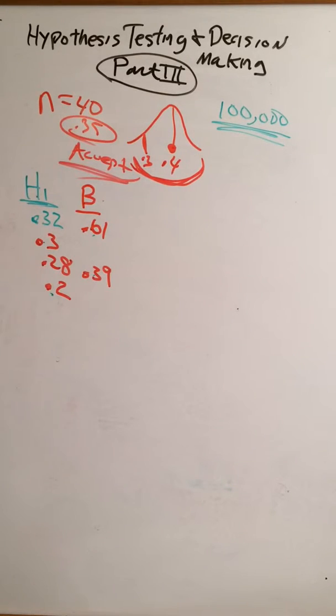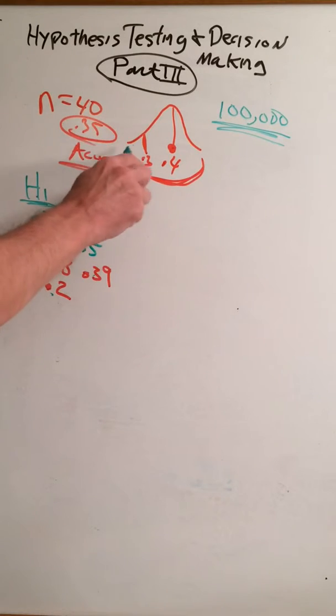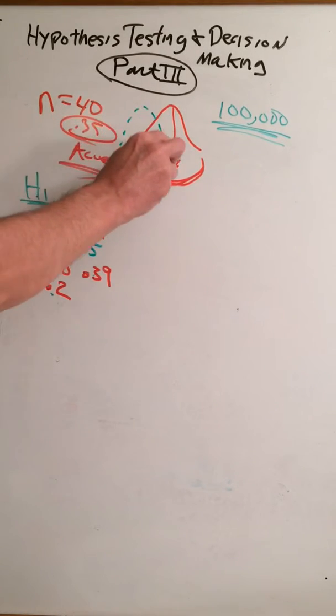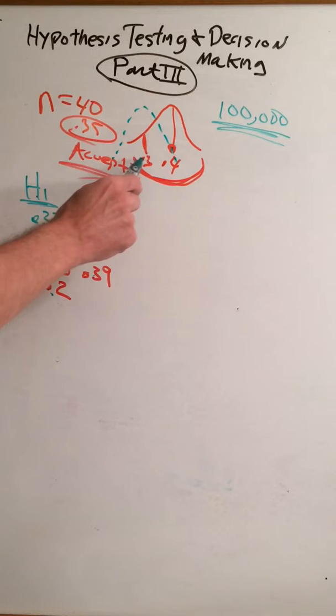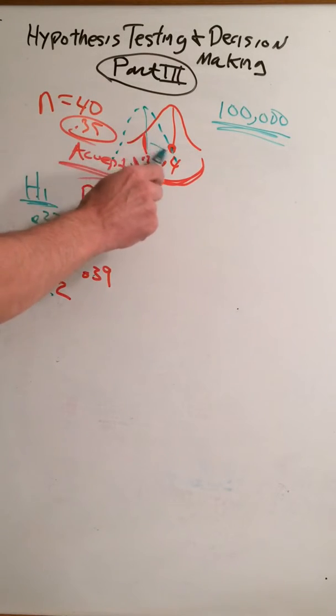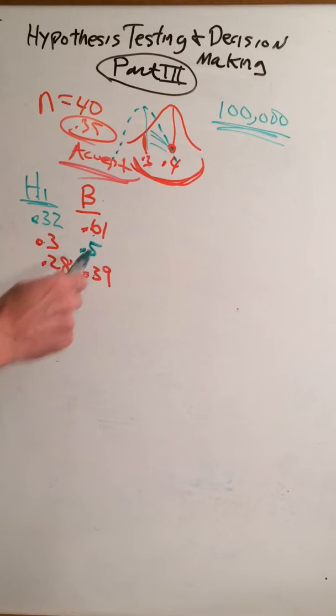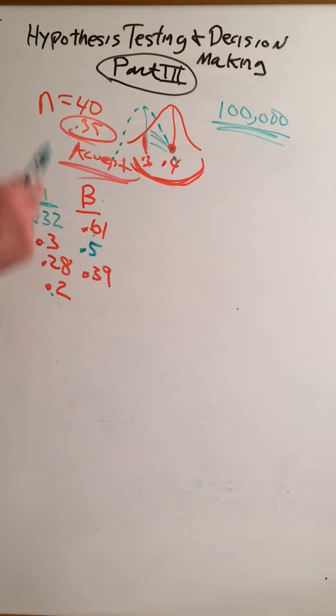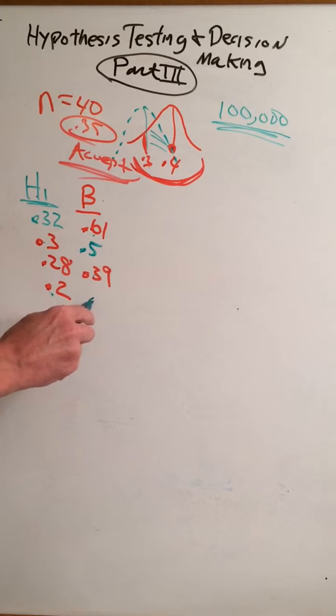We could redo them, but we already know how to do those, so I'll just put those numbers up. 0.5 is intuitive. If you draw a normal distribution around 0.3, the probability of being greater than 0.3 is 0.5. That's our beta. Now for 0.2, you expect that to be small, and it is. It's 0.06.